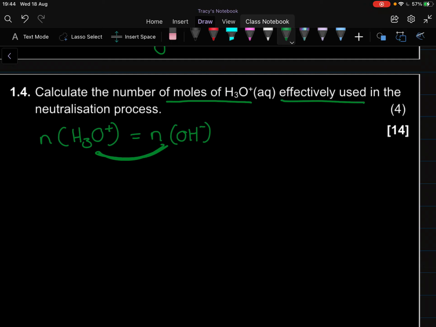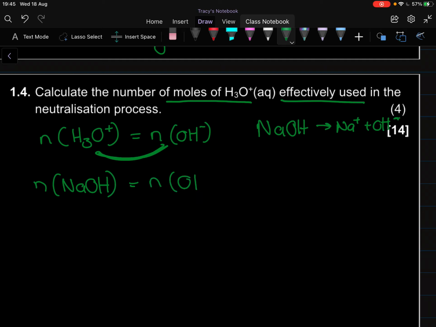In other words, what is the number of moles of OH minus? That's what they're asking. And remember, from the NaOH, we know that this becomes Na plus and OH minus. So the number of moles of NaOH will be equal to the number of moles of OH minus. We can work out the number of moles of NaOH. Number of moles over volume.